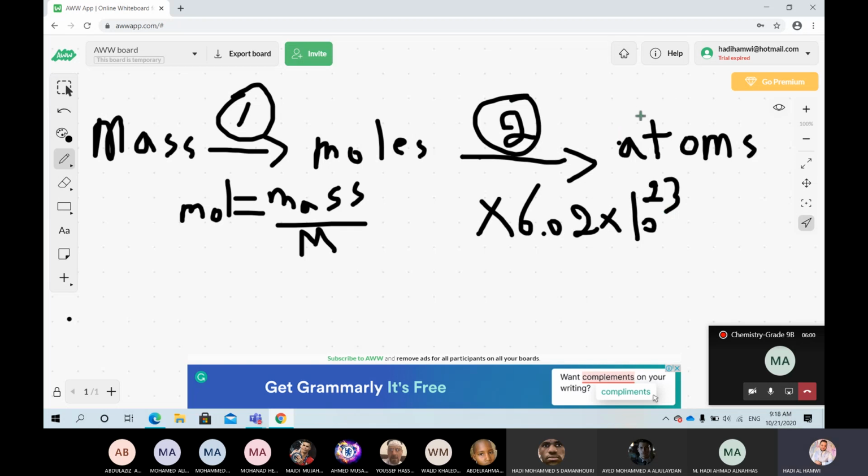This is if we are talking about atoms. If we are given a molecule, you will find, for example, the atoms of oxygen in this molecule. If the number of atoms is 2, you multiply 2 times 6.02 times 10 power 23. If it's 3, then 3 times 6.02 times 10 power 23. We'll give an example.